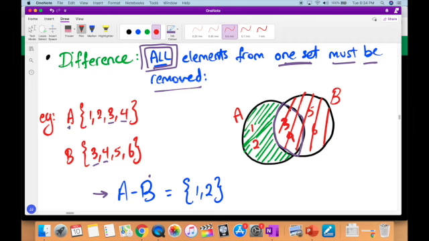Anything to do with set B is getting thrown away. So what are we left with? We're just left with whatever little set A has in it. So look at it. When you write A minus B, it is the second one, the B, that you are getting rid of. Does everybody understand the difference of sets?